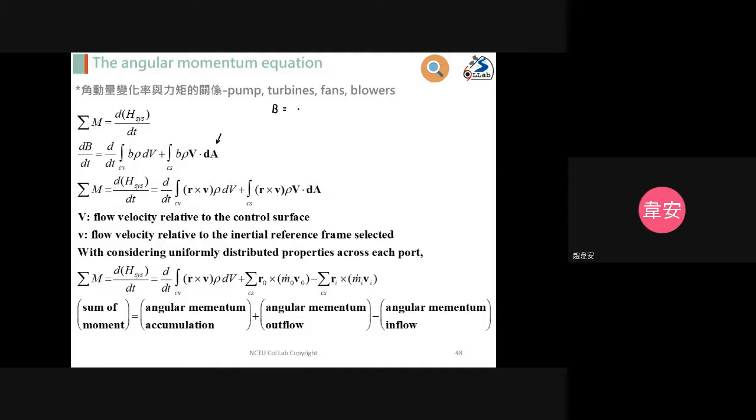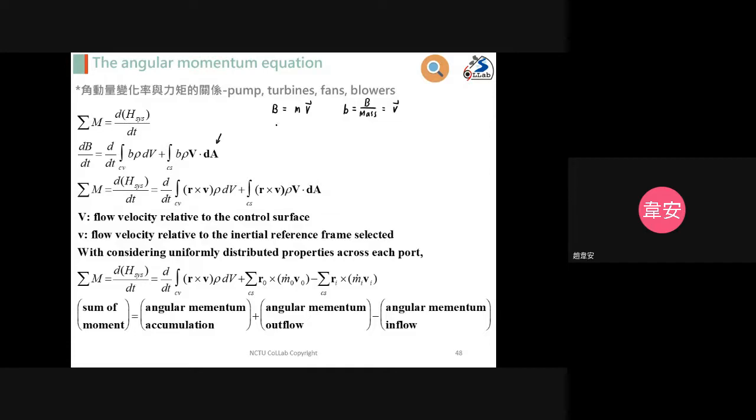So this is equal to the mass multiplied by the velocity V, and we have the small b. What is the small b? The b is the intensive property, and usually we teach you that B divided by the mass is equal to the intensive property. So for the momentum equation, we only have the velocity V.